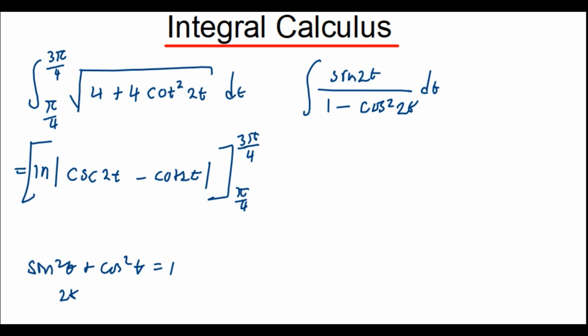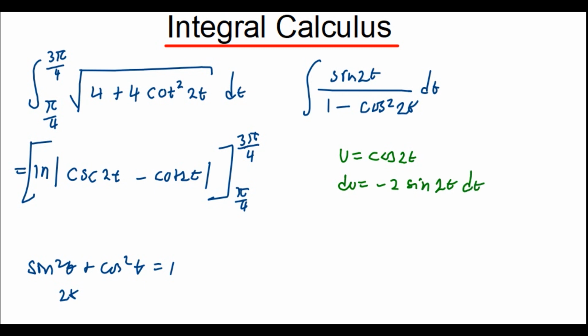How it continues is that you can use u substitution here, where you let u be equal to cos 2t. Meaning your du will be equal to minus 2 sine 2t dt.